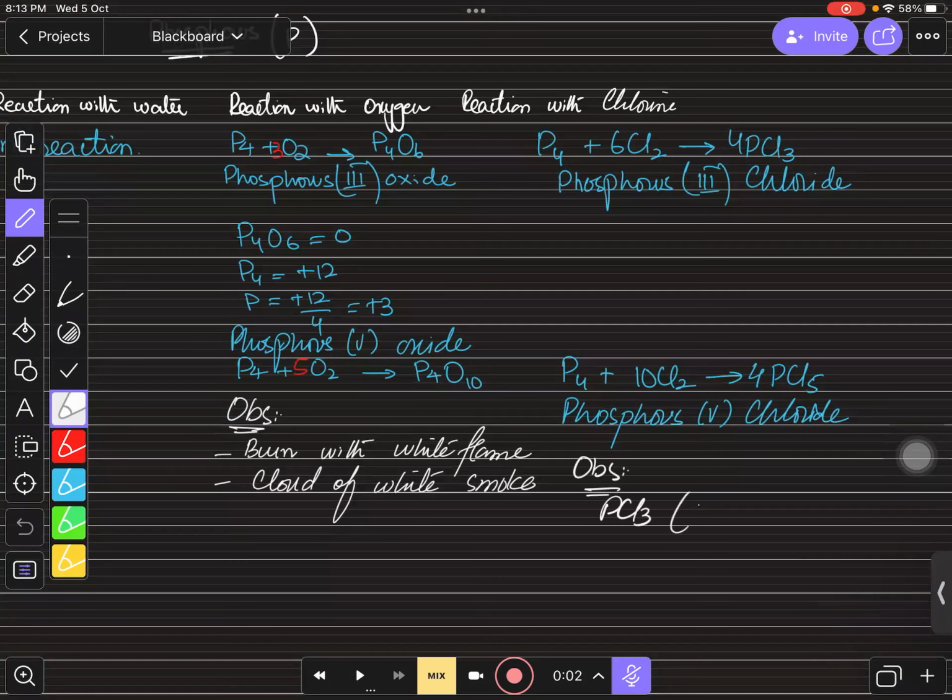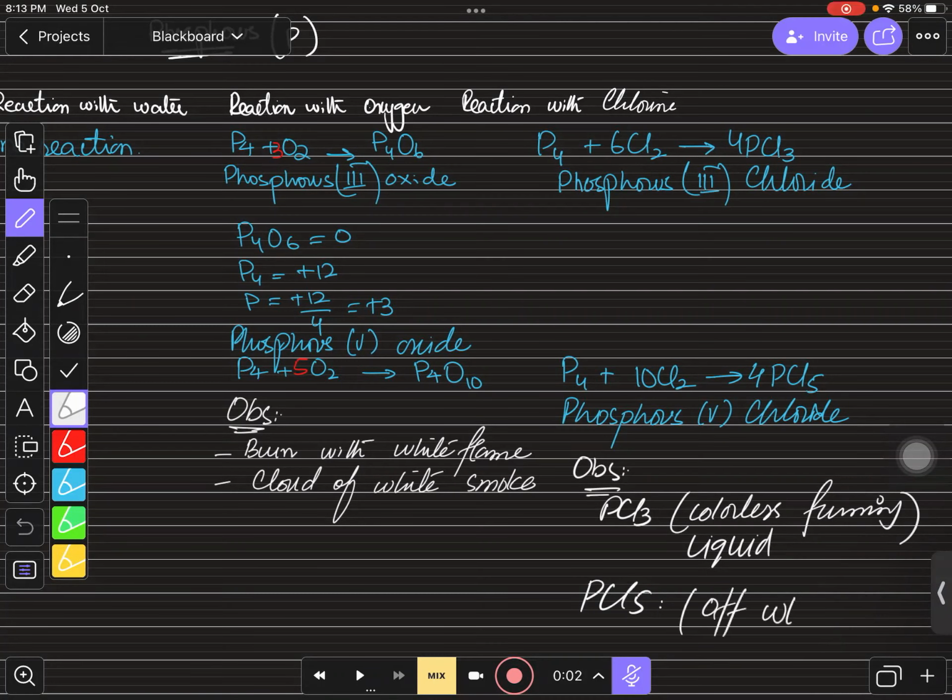So you can say that it is a colorless fuming liquid. If you talk about PCl5, it is actually an off-white solid. Right, these are just observations that you can remember for phosphorus reaction with chlorine, right?